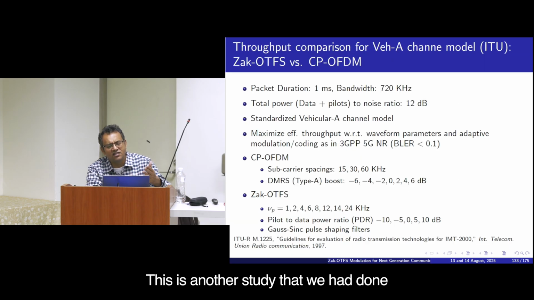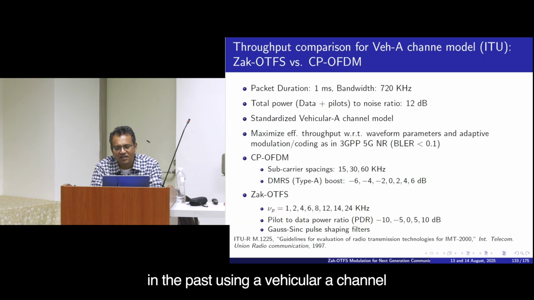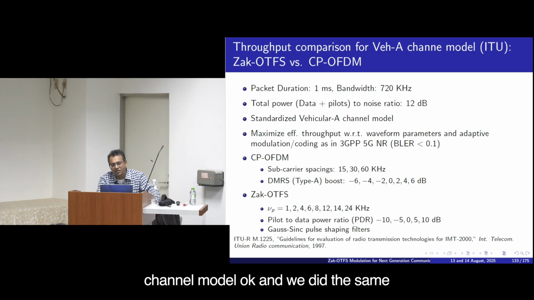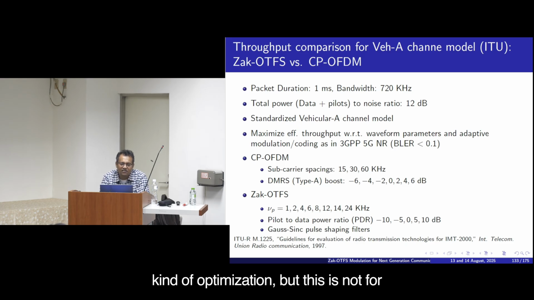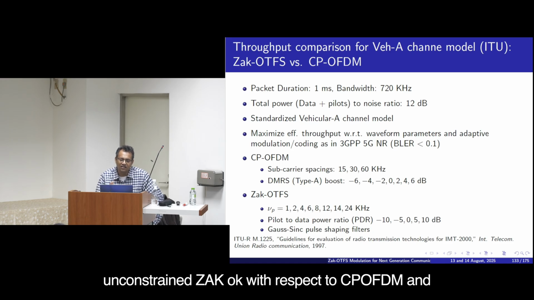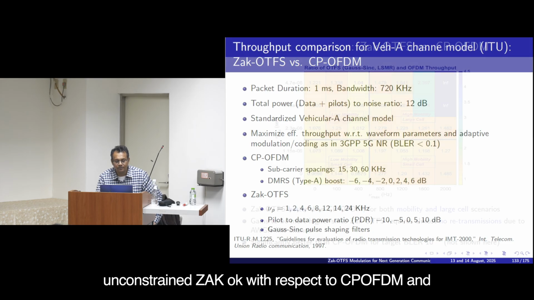Okay, this is another study that we had done in the past using a vehicular A channel model in ITU, but this is an old channel model. And we did the same kind of optimization, but this is not for ZAAC OTFS over OFDM. It is just the unconstrained ZAAC with respect to CP OFDM.